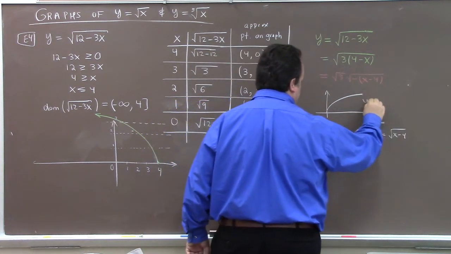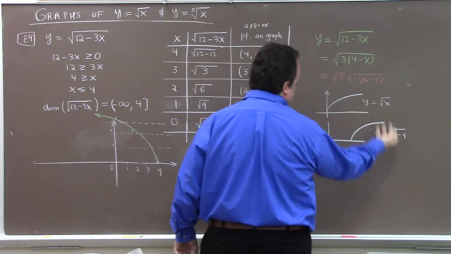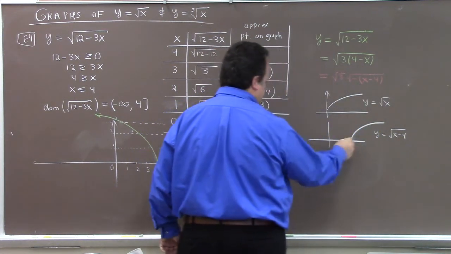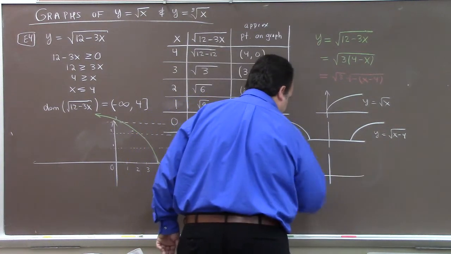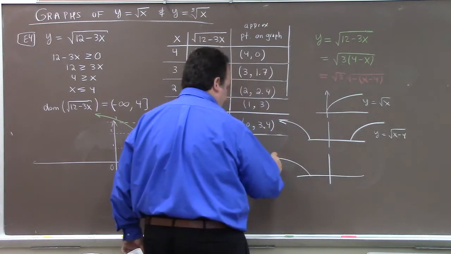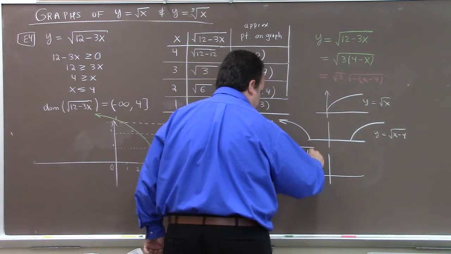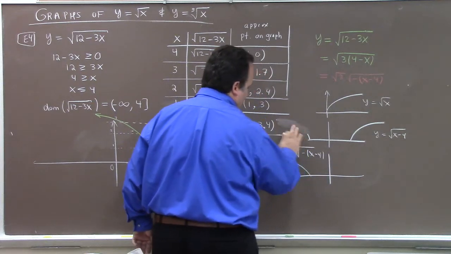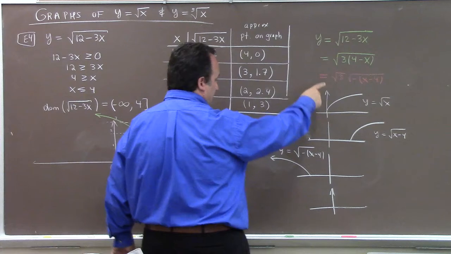So step 1, and then step 2 is if you replace this with minus that, what that does is it flips it over here like that. And then final move, multiply it by the square root of 3.